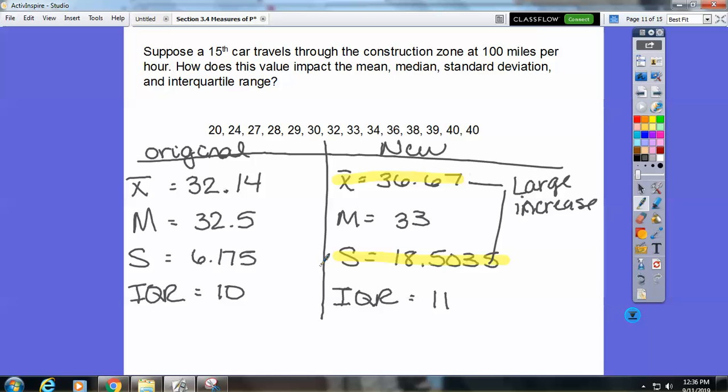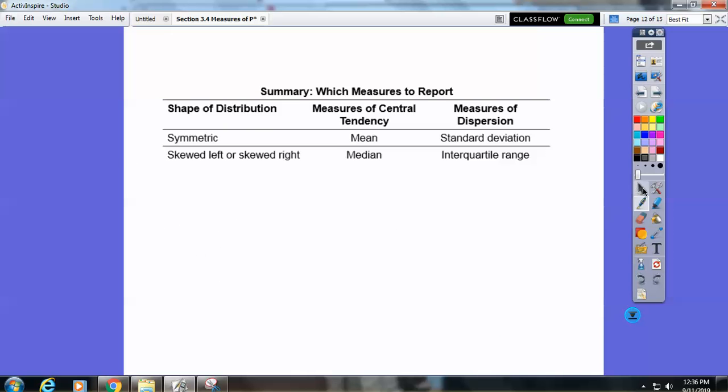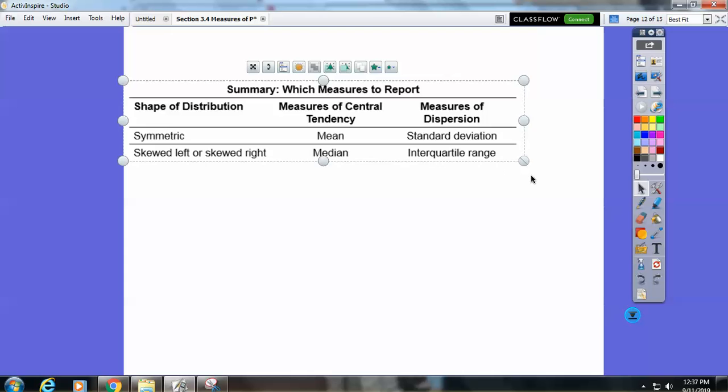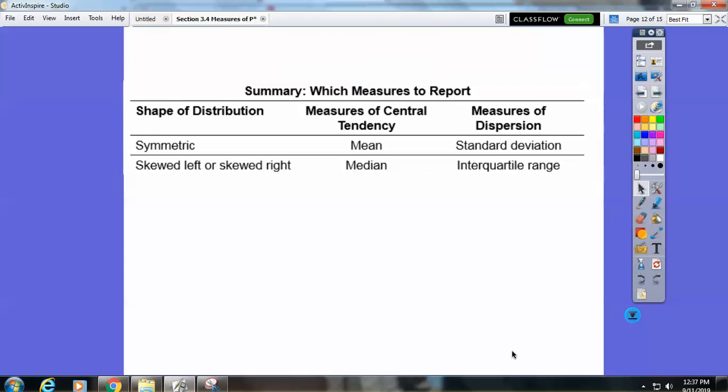So with outliers or extreme points, the interquartile range is better. In general, if your data is symmetric or bell-shaped, the mean and standard deviation are best. If it is skewed either direction, median and interquartile range will be better.